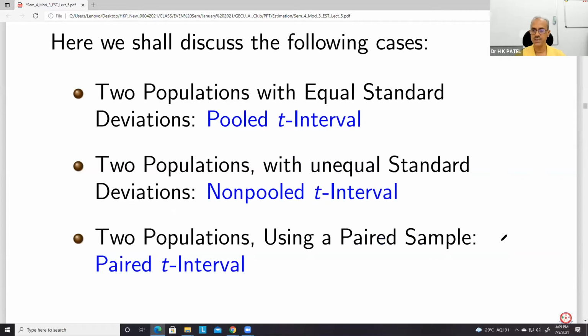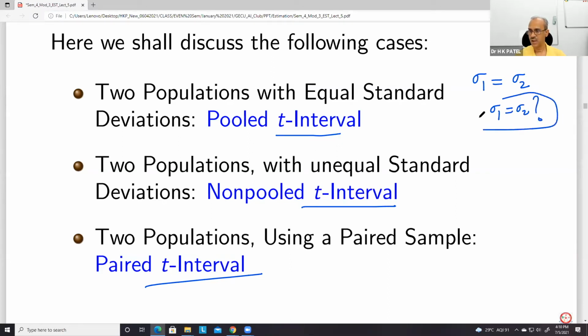In this case, we use a T interval or T distribution, in all the cases. Now pooled, non-pooled. So what is given? Given here in the first case is sigma 1 equal to sigma 2, but we don't know these values.